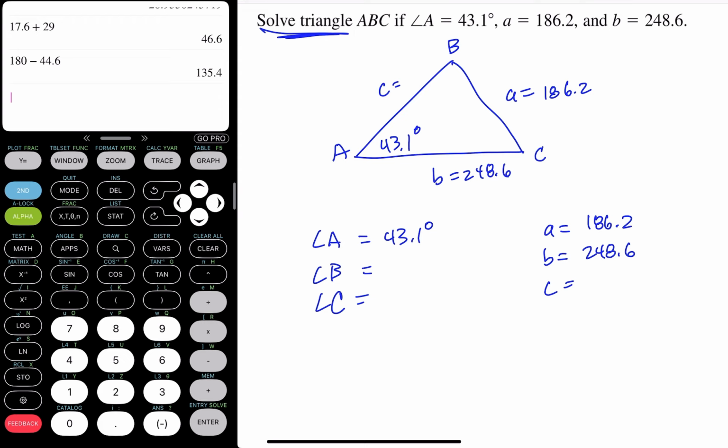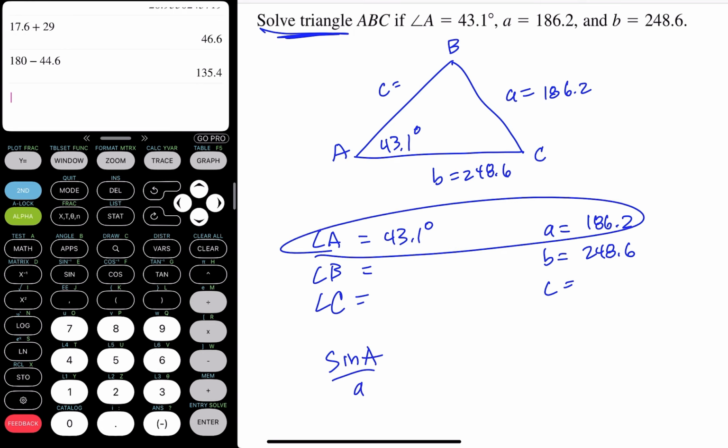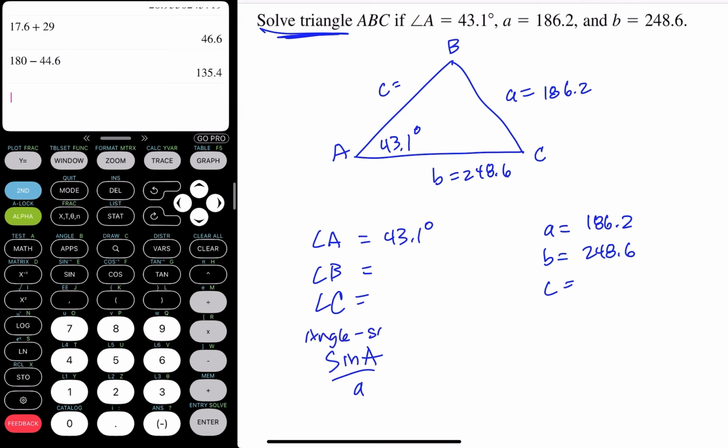Okay. So I'm trying to solve this triangle. I guess I can use the law of sines. Since I know A, I'm going to say the sine of A over little a, since that is my angle-side pair. Angle-side pair implies law of sines.